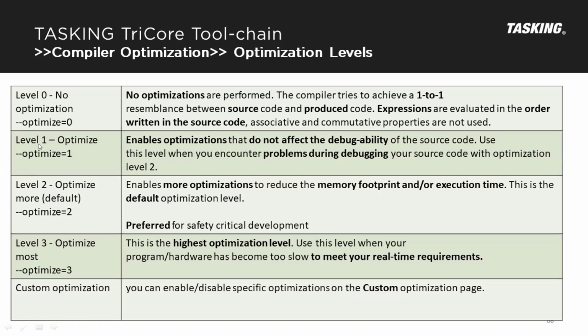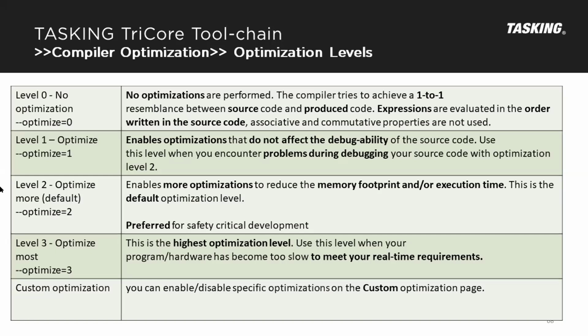There is a second level, which is called level 1, which says, okay, I would like to optimize, but I am a bit conservative, and I don't like to optimize too much. So I would like only to optimize my application. This optimization level is basically used if you face some problems debugging your application on the hardware.